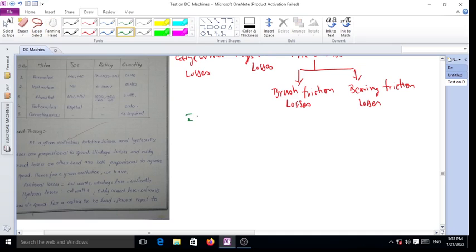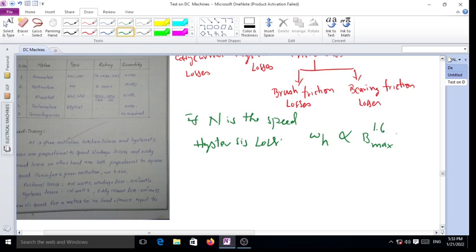If n is the speed of the shunt motor or machine, the hysteresis loss is directly proportional to Bmax to the power 1.6 into speed.